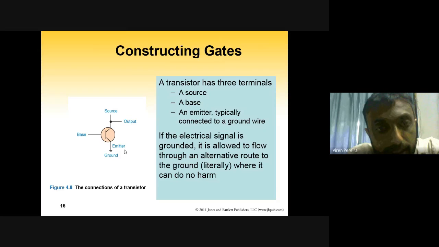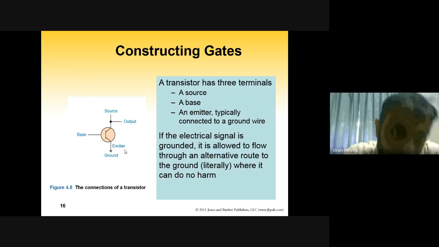You can see your base. You have your base, you have your source, and you have your ground. Now say the source is connected to plus 5 volts. And your base is your signal to short the source to ground or not.